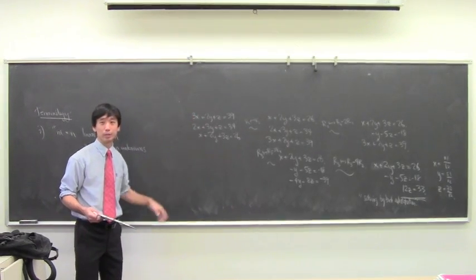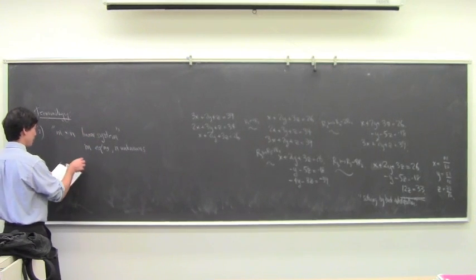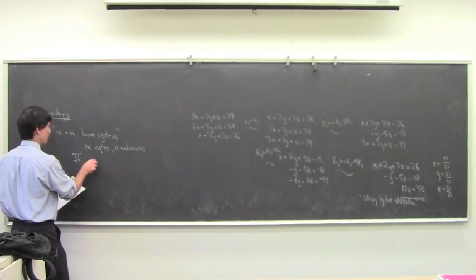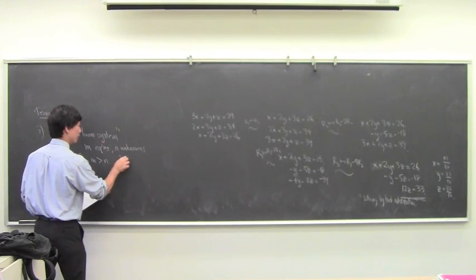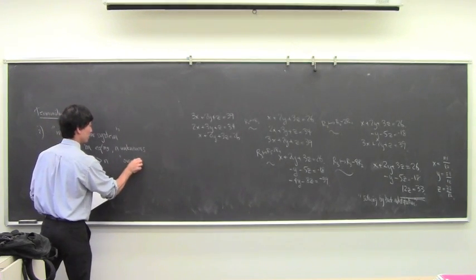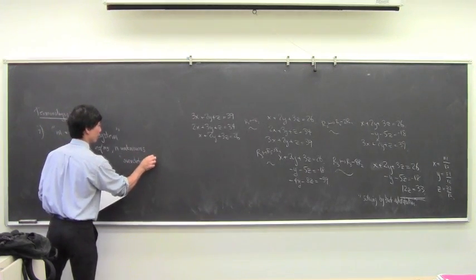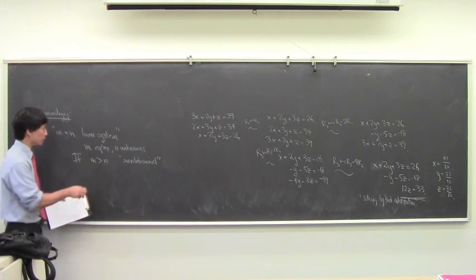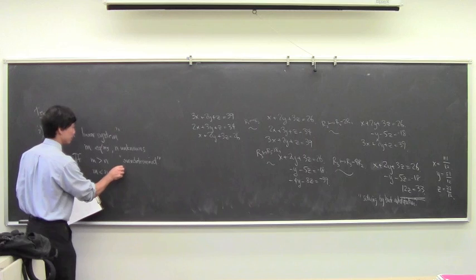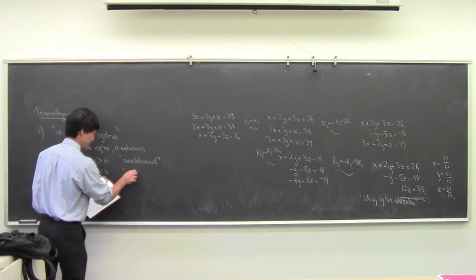Three equations, 3 unknowns. If m is bigger than n, we call it overdetermined. If you have more equations than unknowns, then it's called overdetermined. If you have fewer equations than unknowns, it's called underdetermined.